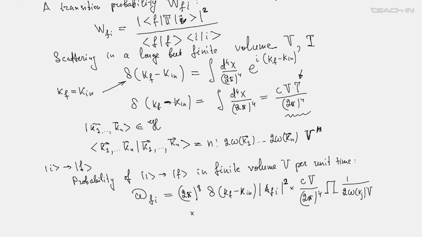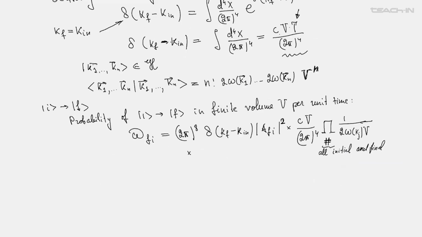So I denote this in this way. It means the product over all initial and final states. Okay, this is what is called transition probability per unit time in a large but finite volume.